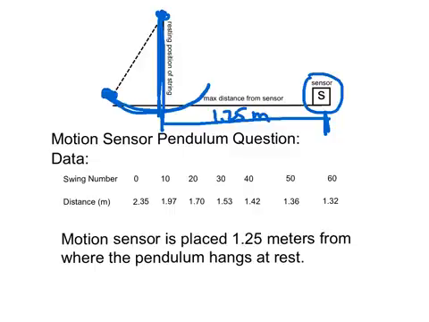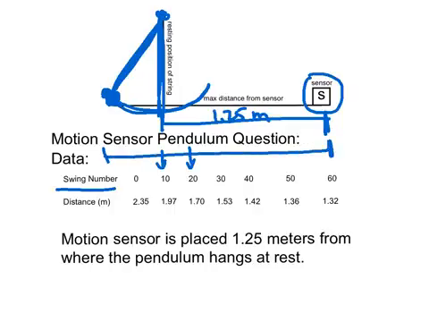Now what's happening is I'm recording the swing number, and every 10 swings I record the distance measured from my sensor to the string at its furthest distance away. So I'm measuring from this position right here on the pendulum. At zero swings, that was 2.35 meters. Now, as it continues to swing, it starts to lose a little bit of that distance.